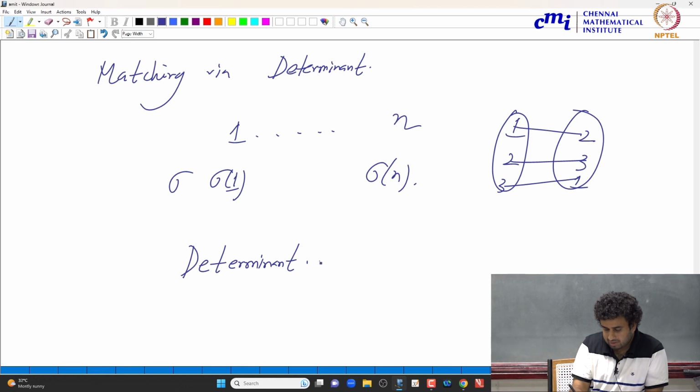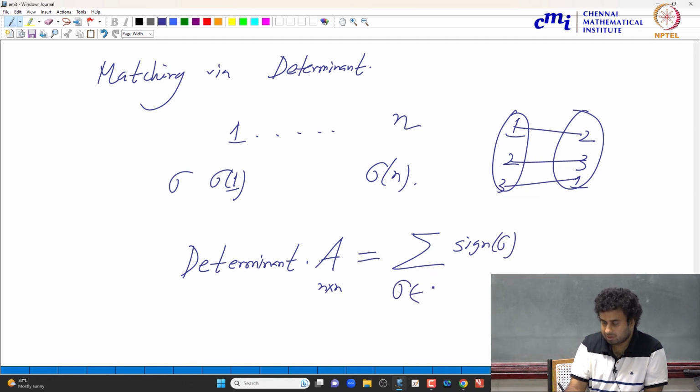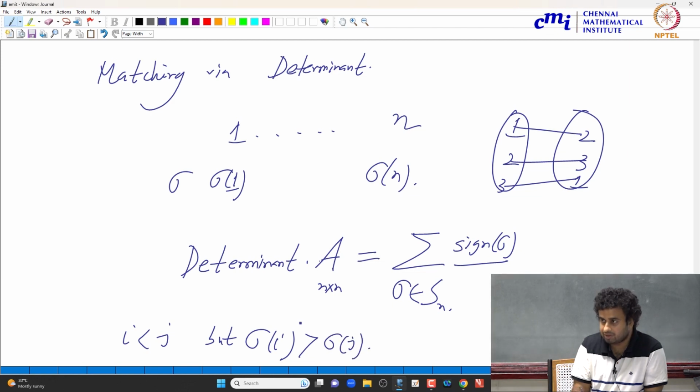The determinant of an n times n matrix A is computed by going over all possible permutations, n factorial many. This set is called Sn. This is a group, and you take the sign of the permutation. The sign is either plus 1 or minus 1: if the number of inversions is even, it is plus 1, otherwise minus 1. An inversion is when i is less than j, but sigma i is greater than sigma j.